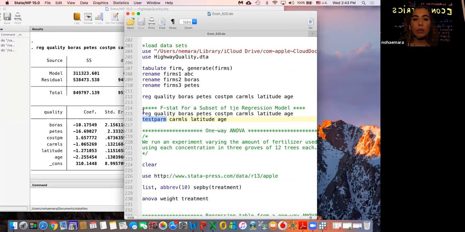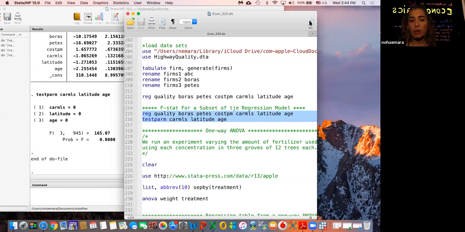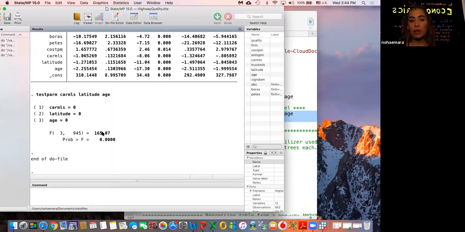You basically run your regression and you choose which variables you want to test. So let's see, I want to test whether cars per mile, latitude, and age of the road are important factors affecting the quality of the road. You run this test, and what you get here is an F statistic.